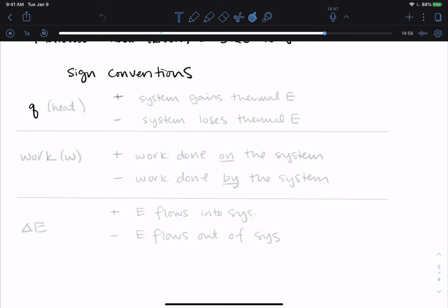So for heat, which remember we're doing with a Q, if you have a positive value for heat, it means the system gains or absorbs thermal energy. If you have a negative sign for heat, well, it's the opposite. The system loses thermal energy.